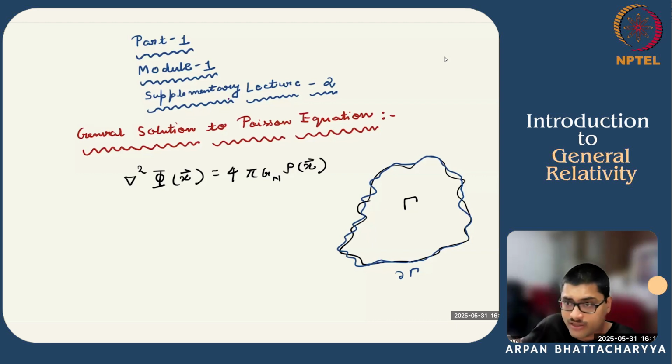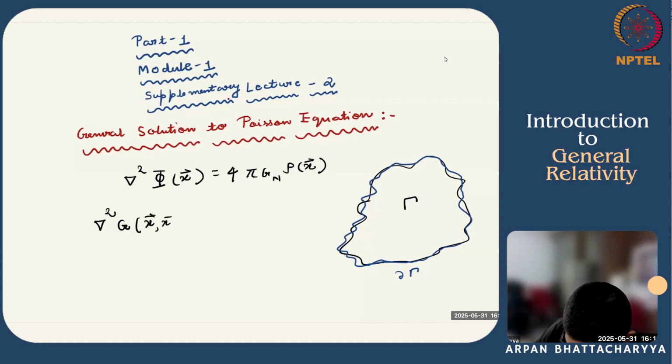So we know that the Green's function satisfies the following equation, that is del squared G. We denote the Green's function by G, a function of two points x and x prime. These two points are inside the region.